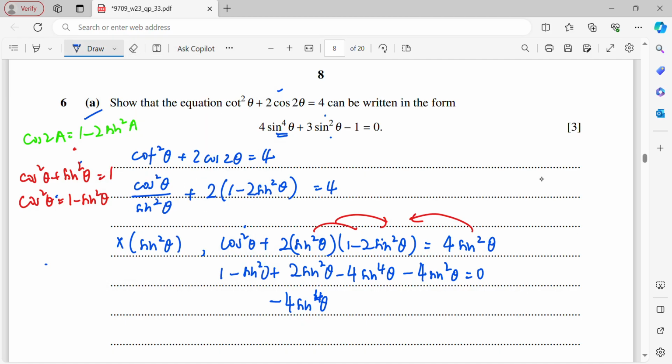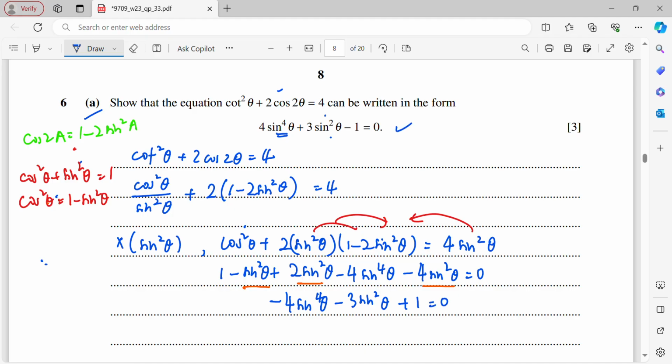Right. Then from here, the terms after this will be sine squared: negative sine squared plus 2 sine squared and minus 4 sine squared. That means it will be minus 3 sine squared theta. Then left the plus 1.